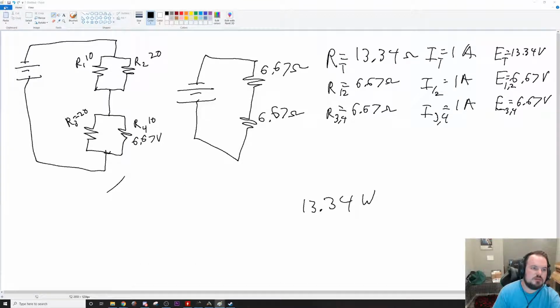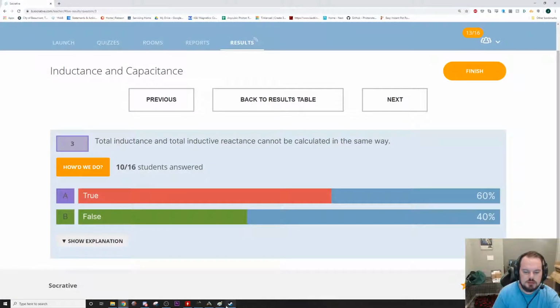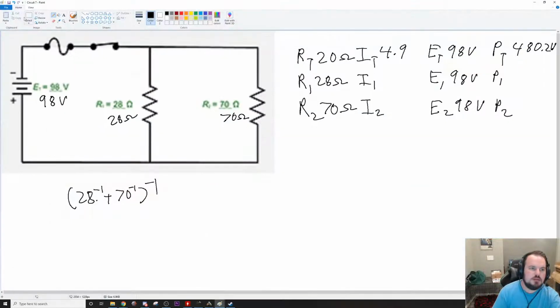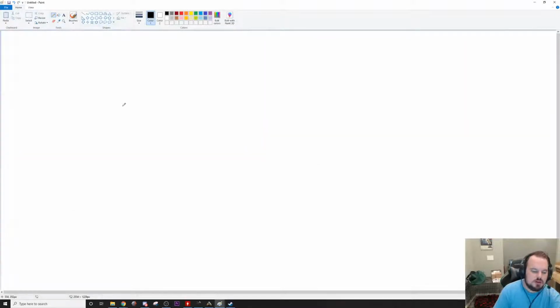So you could have a circuit. Let's just make it simple. We're not going to use a battery. We're going to use a voltage source.